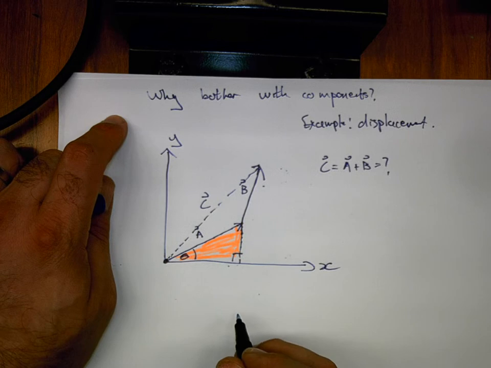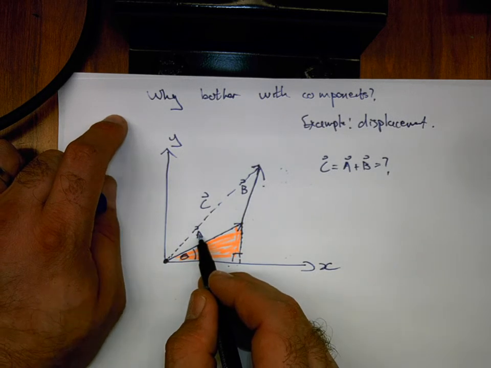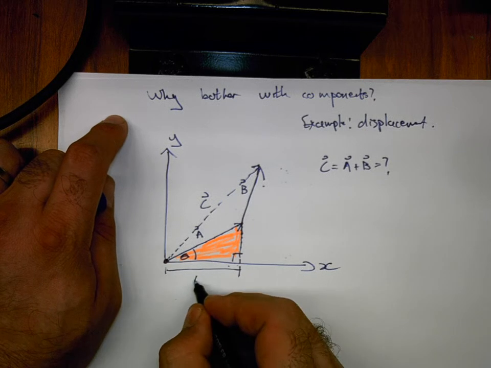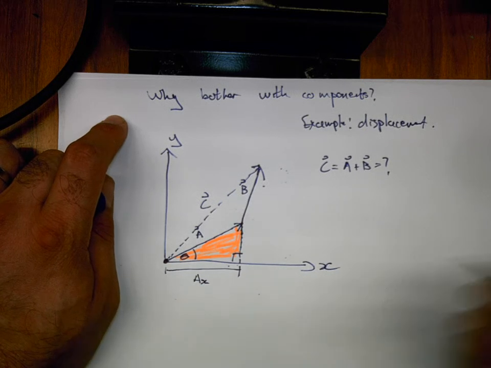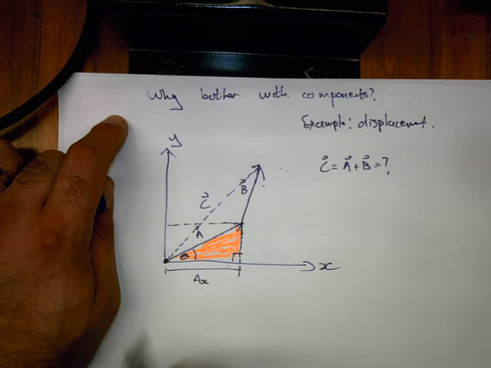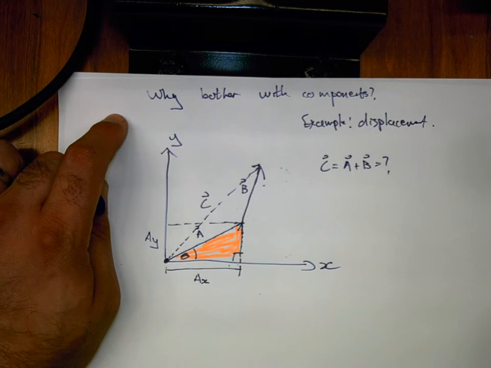But I can see already from this graph, if I want to express A in terms of two components, it's this much along the x-axis. So that distance is just going to be, let's call it Ax, and it is that much along the y-axis. Right, very straightforward. Nothing too fancy.